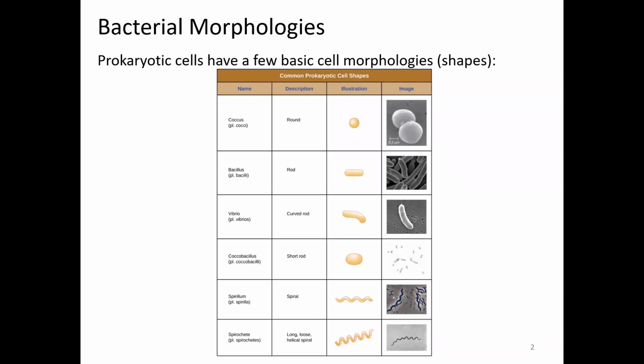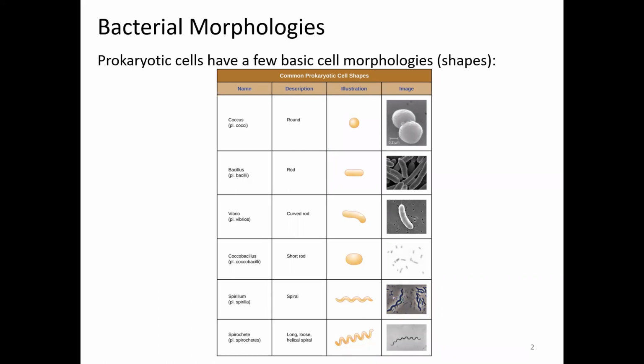There are actually two separate terms depending on the specific shape of the spiral. So spirillum, which is the second from the bottom in the table that you see, spirillum tend to be thicker and have less spirals, less turns, okay? But if you compare that to the spirochete, they tend to be long, thin, and have more coils.